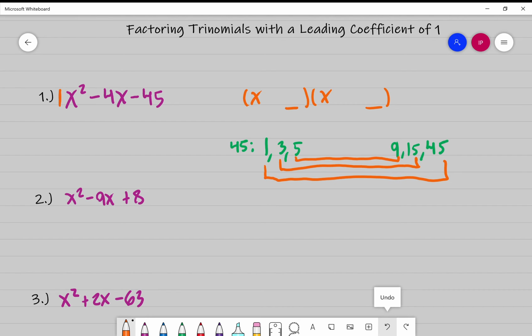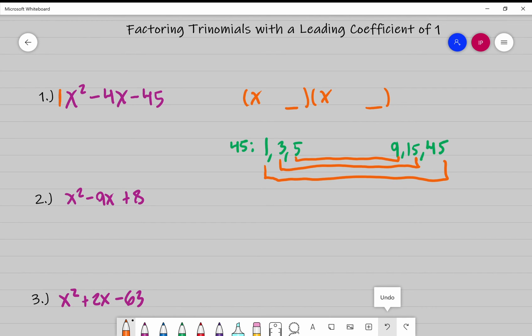Alright, so we know 1 times 45 equals 45. But if I do any subtraction or adding, 1 plus 45 is 46, so that's not 4. 1 minus 45 is negative 44, which is not 4. So that can't work.